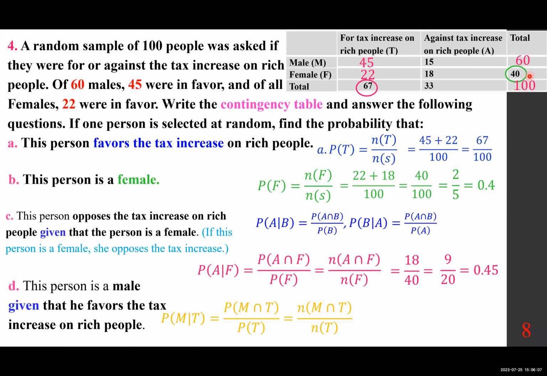So no longer the total is there. So what comes after is the tax. So how many favor the tax increase? 67, that's the denominator. Out of those 67, how many are males? 45. So you can go directly to that or say 45 over 100, 67 over 100, they cancel each other.